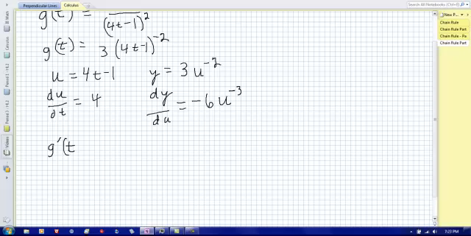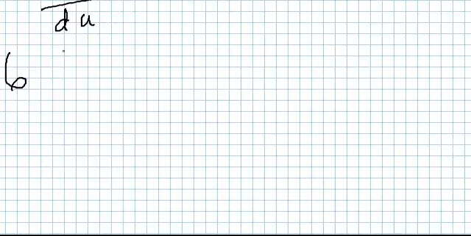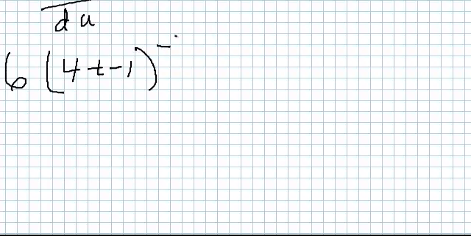I know writing that dy dx has been a little tedious at times, but here we go. We'll just write g prime of t, this derivative here. So we got negative 6. I'm going to replace the inner function now. So there's that 4t minus 1 to the negative 3 times 4.